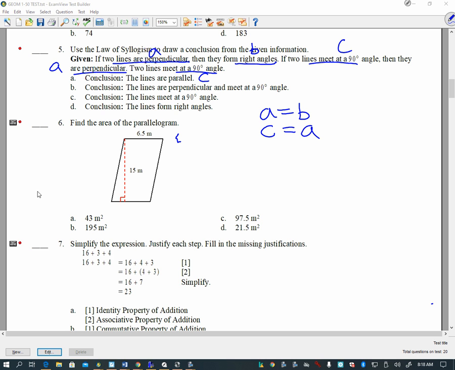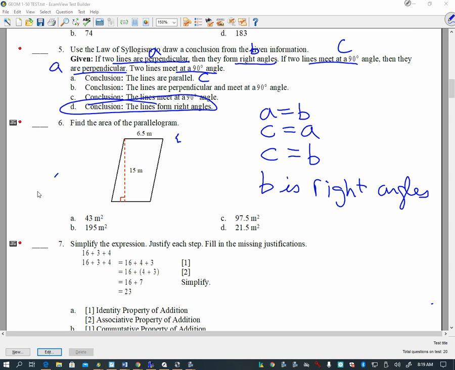Okay, now I'm saying that C equals. Well, what do I need C to equal? I need C to equal B. And B is what? B is right angles. Okay? It doesn't mean that the A, B, and C solutions aren't true, but do you see why we went with that?